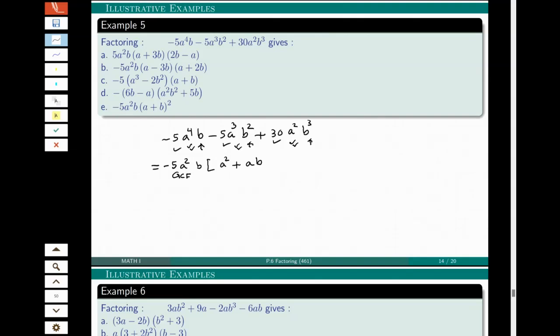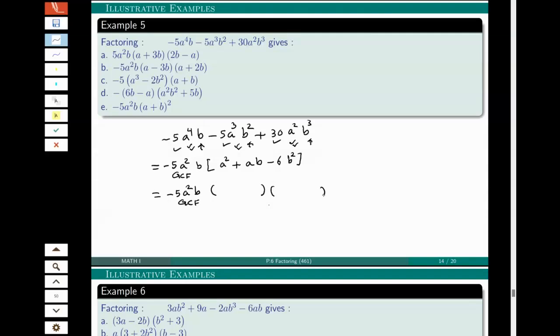Now, if I take minus again, 30 will become minus, because 30 divided by minus 5 will be minus 6. A squared is taken, and b is taken, so it will be b squared. That's minus 5 a squared times b. As I said, this is the greatest common factor.